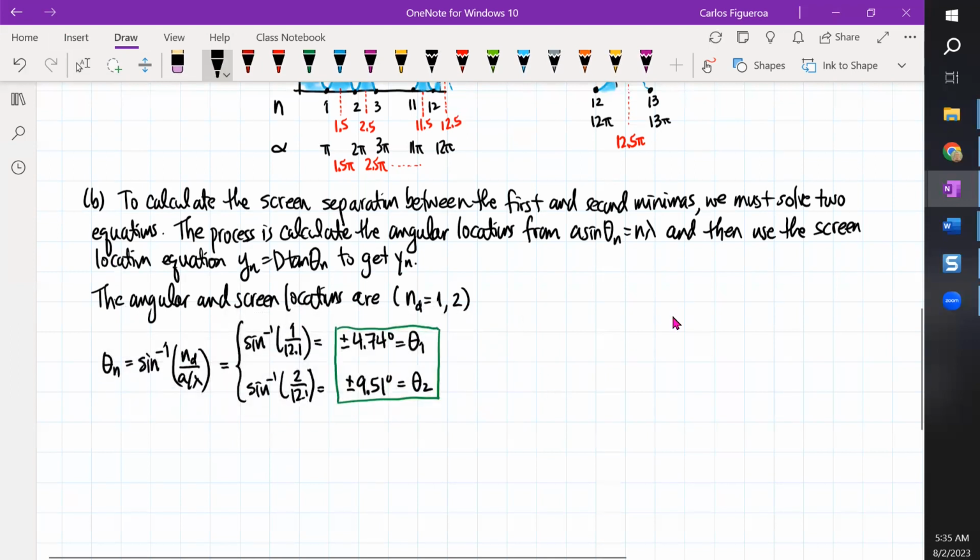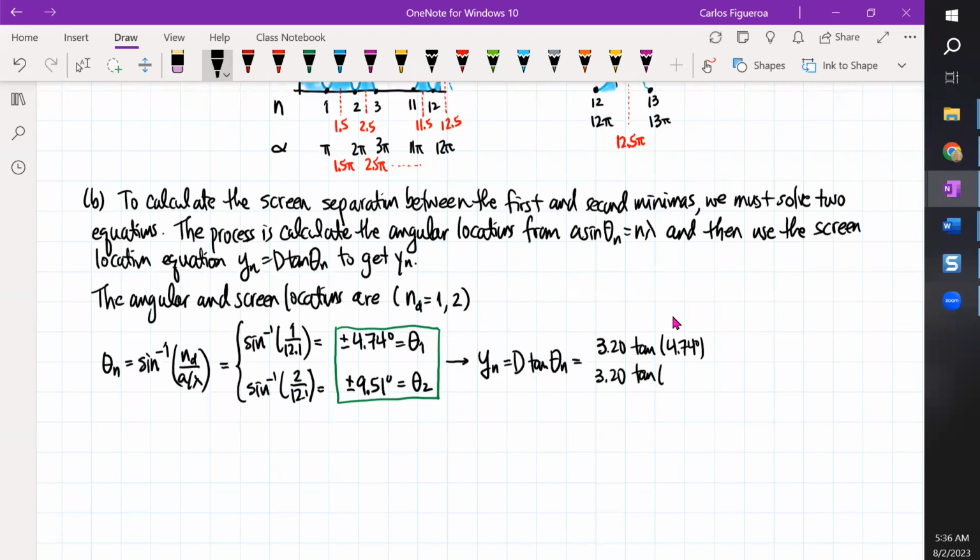So now, if I go and get the screen locations, I know that this is going to be y of n, and this is going to be D tan of theta n. So when I calculate these, this is going to be 3.20 tan of 4.74 degrees. And of course, this will be 3.20 tan of 9.51 degrees.